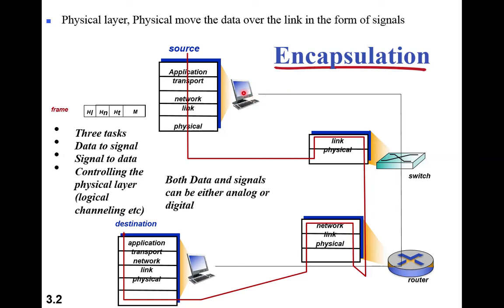So the physical layer has 3 tasks. First, it converts data to signal, because on the medium, on the link, data is propagated in the form of electromagnetic wave signals. So its functionality is to convert data into signal form.